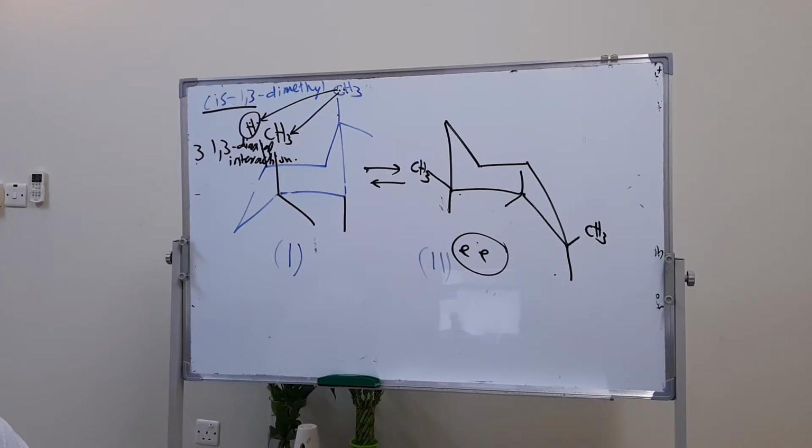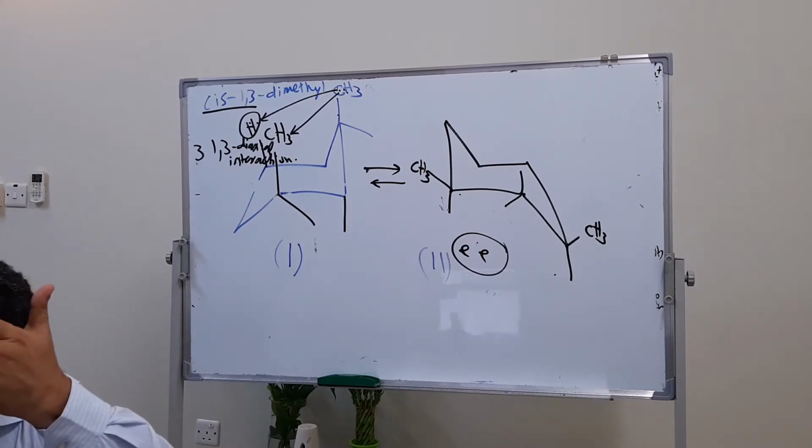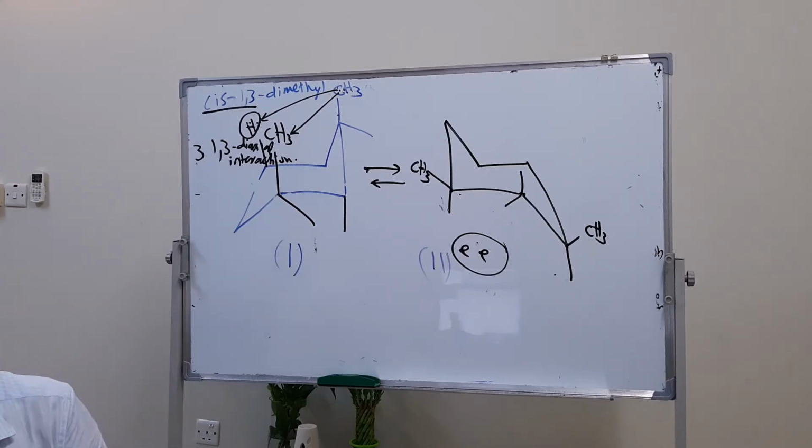Got it, guys? Can you repeat, please? Yes, in the previous example, because as I said, we cannot memorize numbers. We need to know for each 1,3 diaxial interaction how much energy it will cost. So this data is given in the previous question, which is 4.47, if you check in the book.